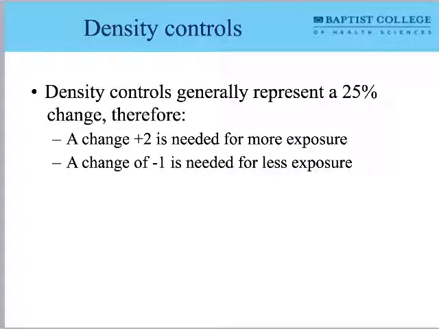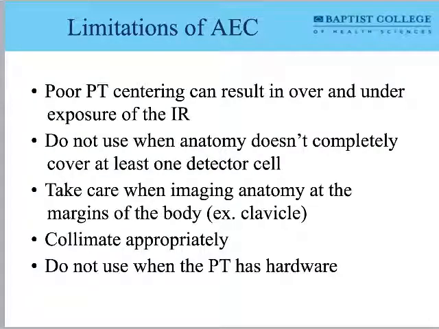Okay, so let's talk a little bit about that. Poor patient centering can result in over or underexposure of the image receptor. So in this case, let's look at this picture again on page 415, Figure 27.2. This was uncentered for this frog leg lateral. We centered it on the shaft of the femur instead of on the acetabulum of the pelvis. How would we describe this image? Is it too light or is it too dark?